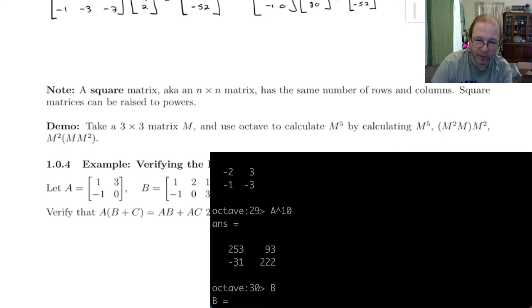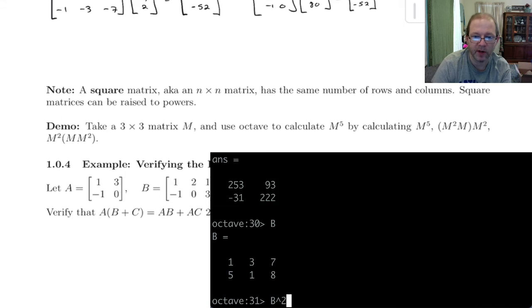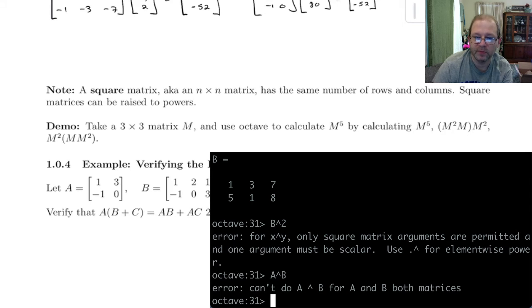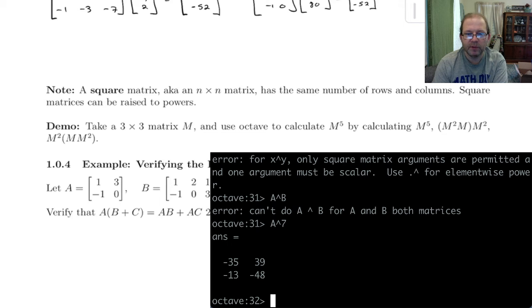But if I try to square matrix B, it gives me an error. It says for powers, only square matrix arguments are permitted, and one argument must be a scalar. If I do A to the B, it's going to give me a similar error. Can't do that. But you can raise A to a power.